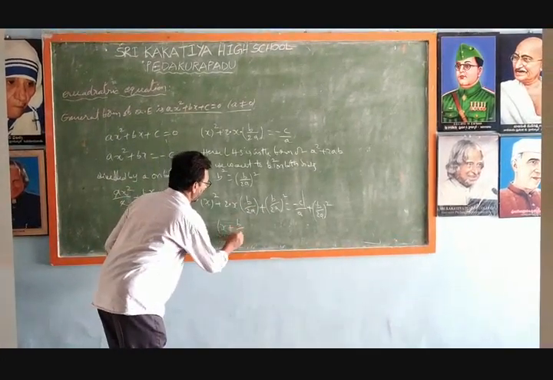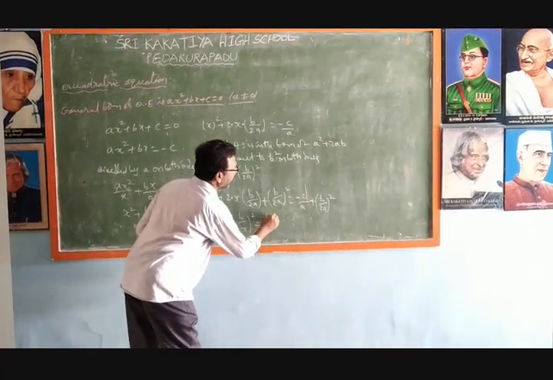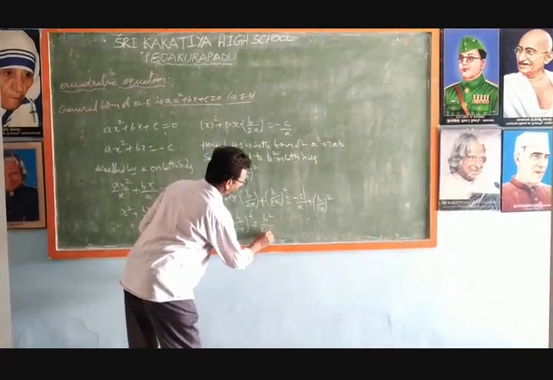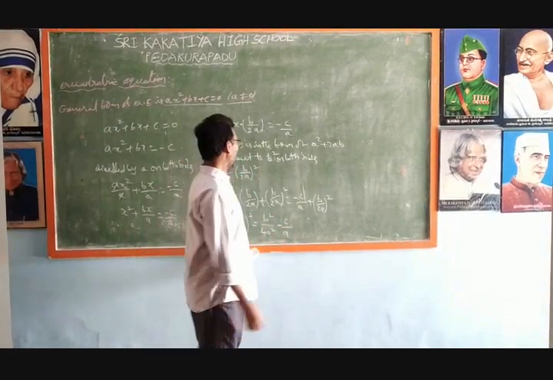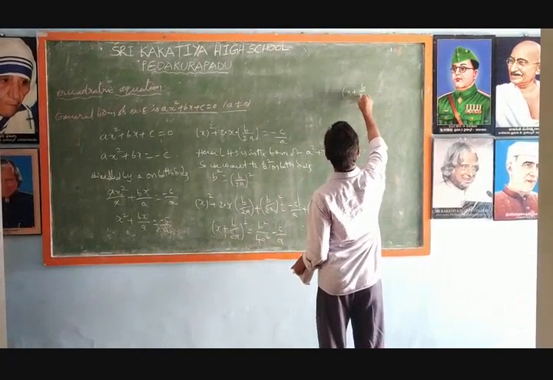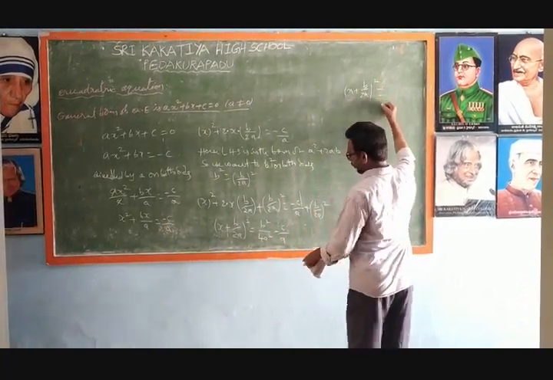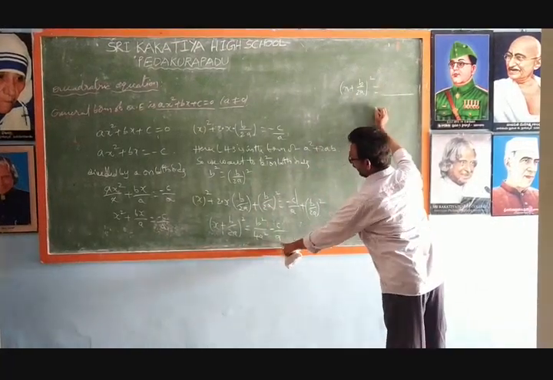X plus b by 2a whole square is equal to b square by 4a square minus c by a. Now the LCM of 4a square and a is 4a square.